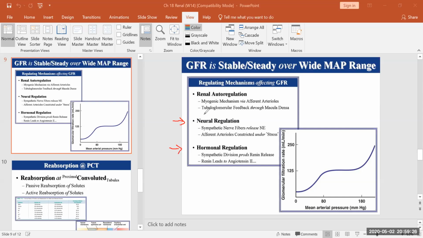The second one involves the nervous system: neuroregulation. Sympathetic ganglionic neurons send their axons, which we call sympathetic nerve fibers, and they make neuroeffector junctions with the kidneys and release the neurotransmitter norepinephrine.